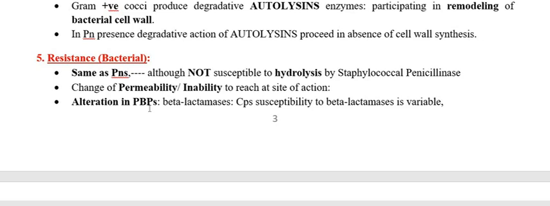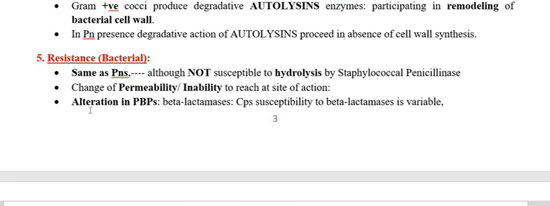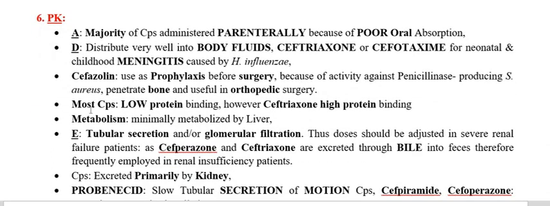So the drug is not going to identify the target, and therefore they produce the resistance. This is about the resistance property.